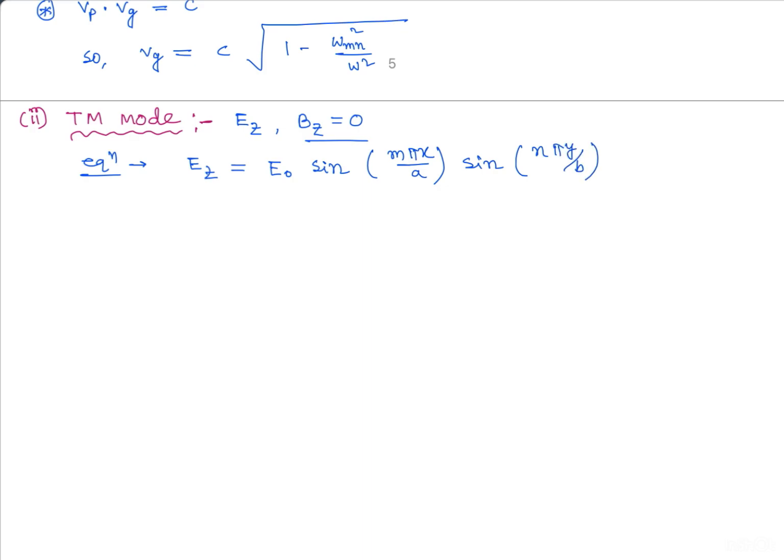So the lowest mode will be, number one property is lowest mode. Lowest mode will be TM11.